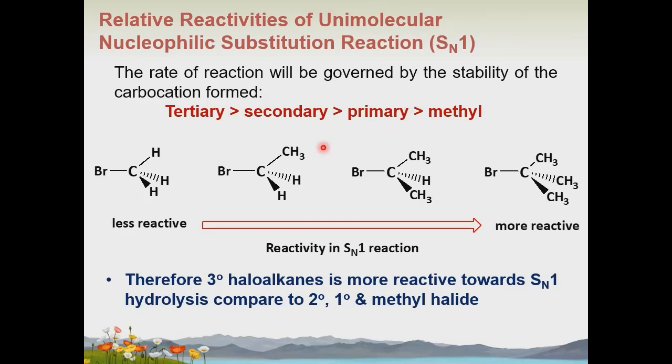Meaning that, as you can see in this scale here, the more reactive haloalkane would be the one that has the tertiary carbocation, followed by secondary, followed by primary, and lastly, the methyl would be least reactive towards SN1 reaction.